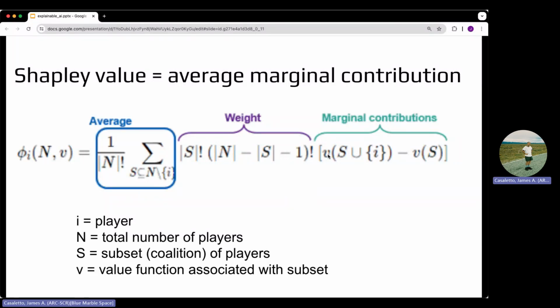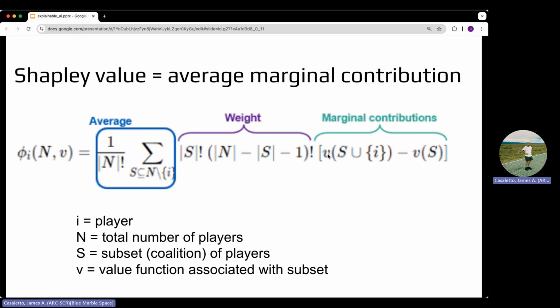The Shapley value is also known as the average marginal contribution. The slide shows the formula for how a Shapley value is calculated. It may look a little intimidating, but it's actually very intuitive when you unpack it. The Shapley value is calculated for each player i over all subsets S over n players.